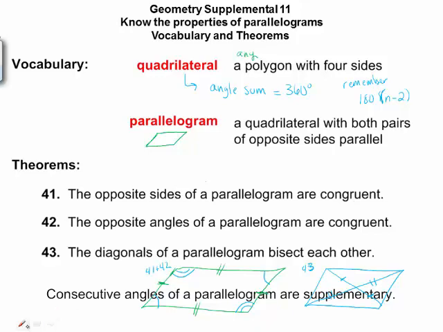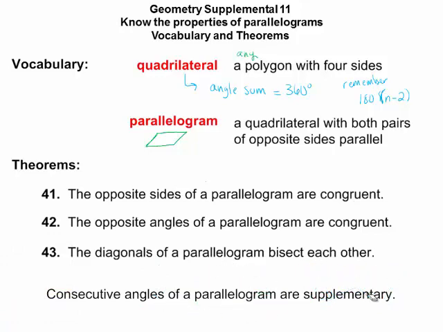I'm going to have to erase my pictures here real quick and draw them smaller. So bear with me. Consecutive angles are supplementary. So if I have my angles, these two are congruent, and then these two are congruent. What we're going to have is this plus blue will equal 180. So I can add these two together, or these two, or these two, or those two.